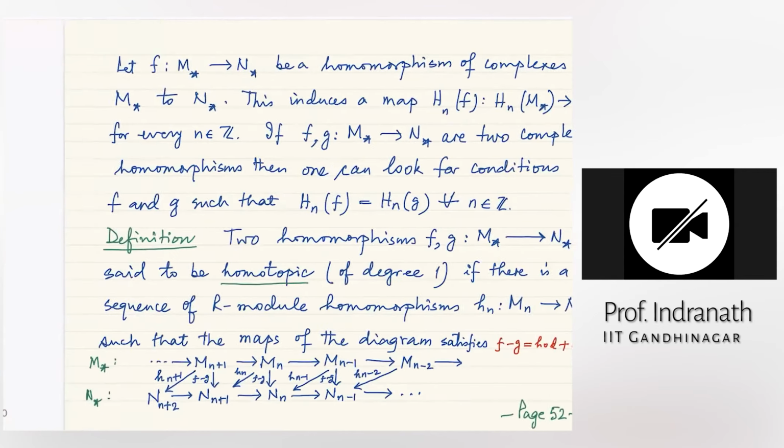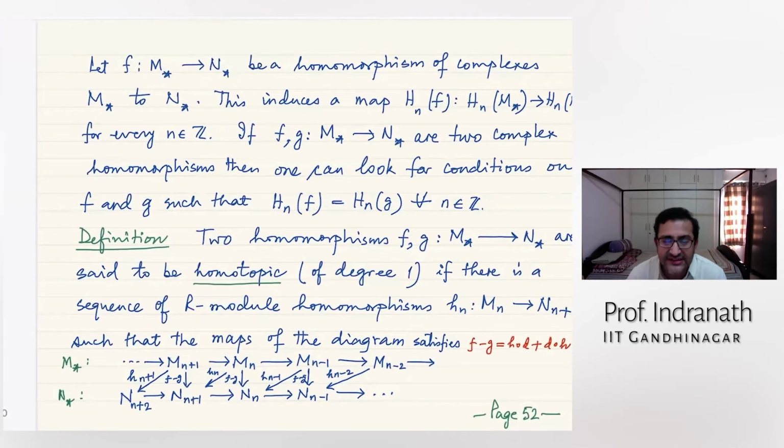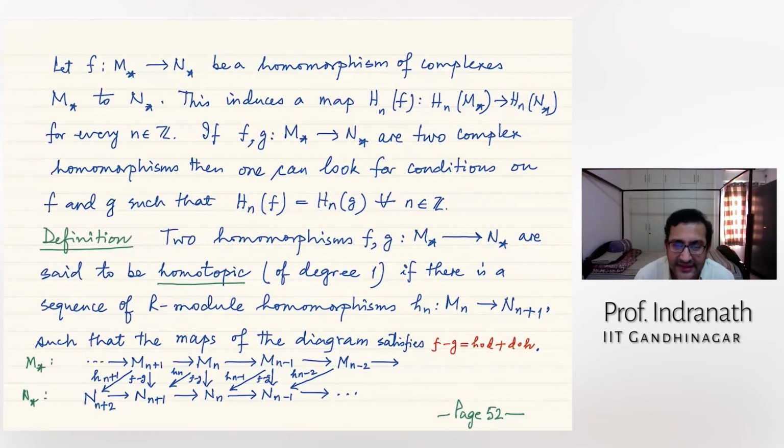Okay. So now what homotopy does is very important, and that is this: you have the equality of these maps at the level of homology. Soon you will see what homotopy does in better detail.